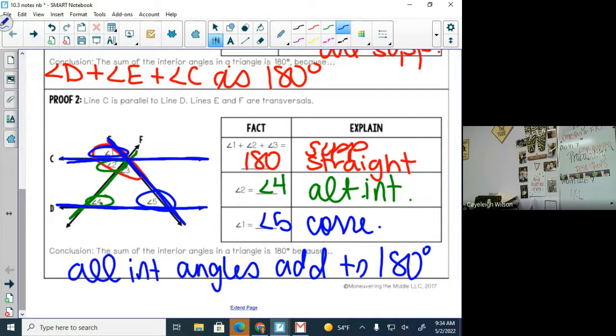And even if that triangle is on the outside of two parallel lines, it doesn't matter because we know that all triangles have a sum of 180. And even if something is missing, you could come over here and use one of these to help you figure out the interior angle. So it's not really what the whole lesson's about, but it's just showing you that you can still find angles even if you don't know any on the other side.